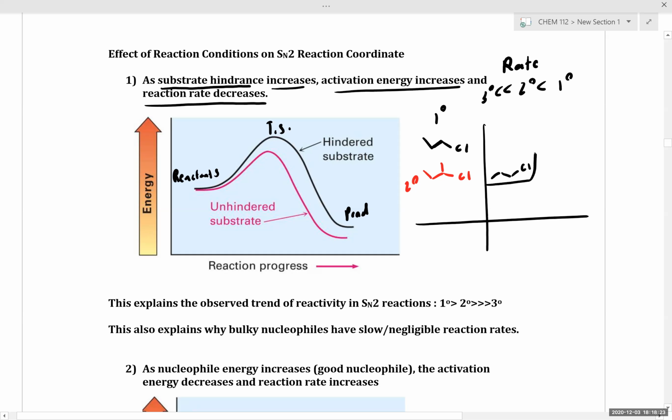Now, let's look at our transition state. This transition state is really important to consider. In the transition state for the SN2 reaction, we are simultaneously forming our bond to the nucleophile and breaking our bond to the leaving group, right?